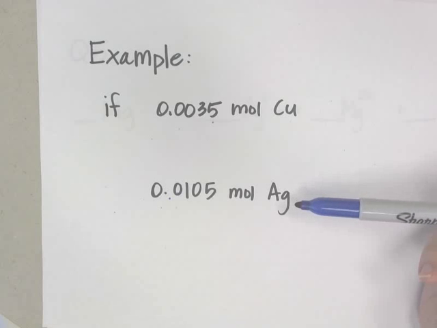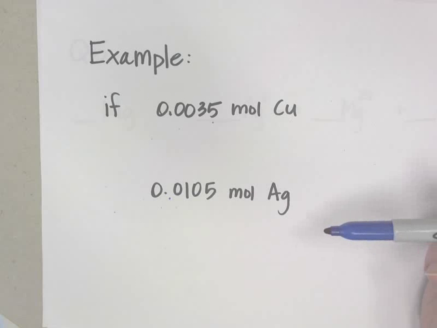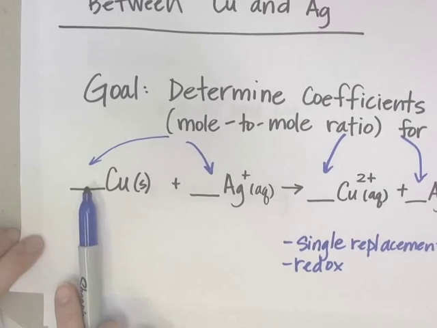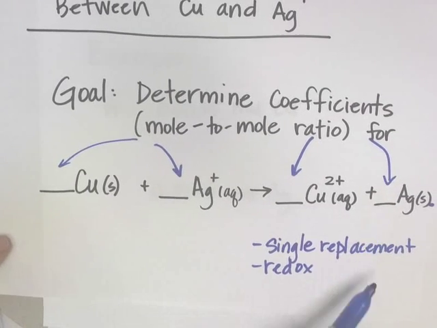Okay, so what do we do with that? We obviously did the reaction on a very small scale. So how can I get this converted to coefficients that I might likely see when I look at a balanced equation? And when I look at a balanced equation, I generally see whole number values here.